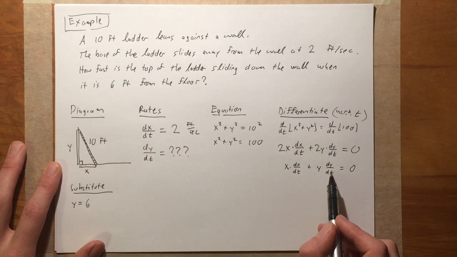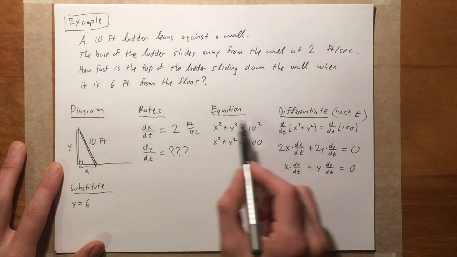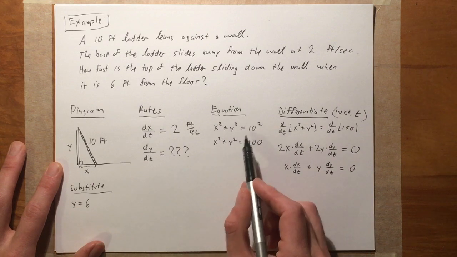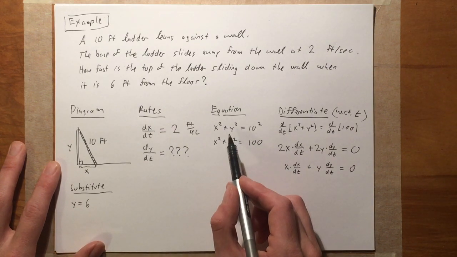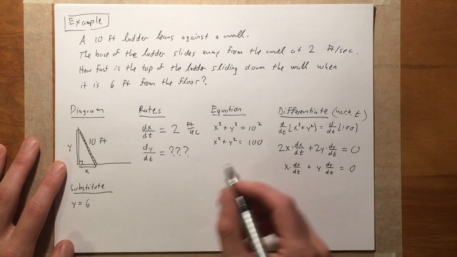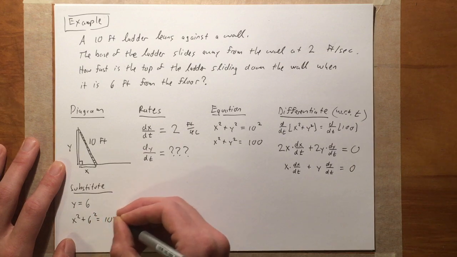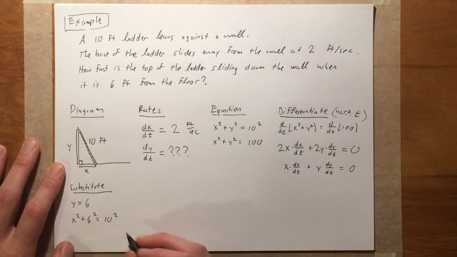I want to solve for dy over dt, but that still leaves x. And so I need to figure out what x is. But luckily I have this equation that relates x and y to each other, and I know y. So what I need to do is stick that y equals 6 in there and solve for x. So I'm going to have x squared plus 6 squared equals 10 squared. Solve that. We got 36, we got 100.